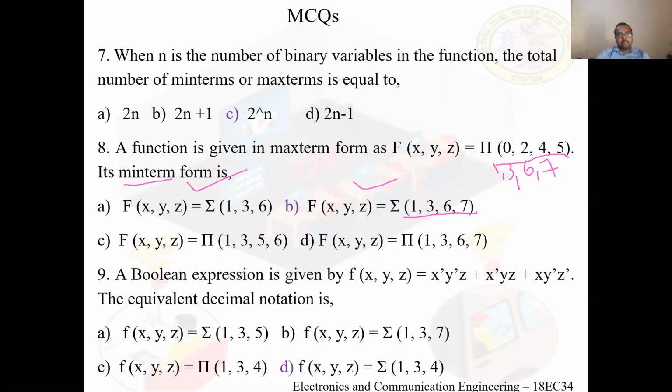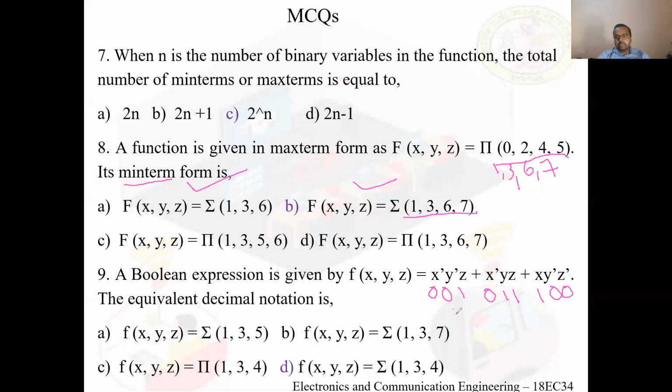Question number 9. A Boolean expression is given by f of x, y, z is equal to x bar y bar z, or x bar y z, or x y bar z bar. The equivalent decimal notation is. Now, it is 0, 0, 1, 0, 1, 1, 1, 0, 0.